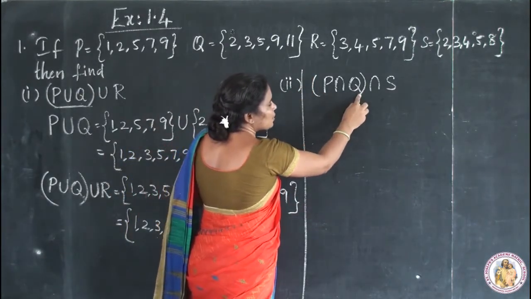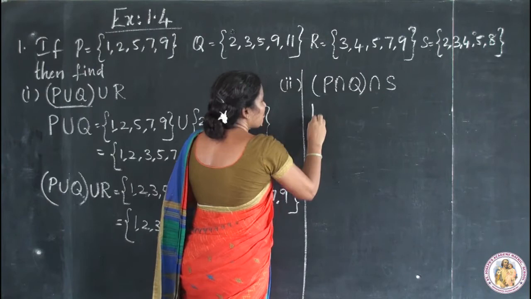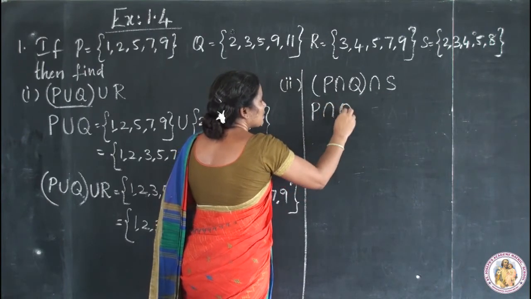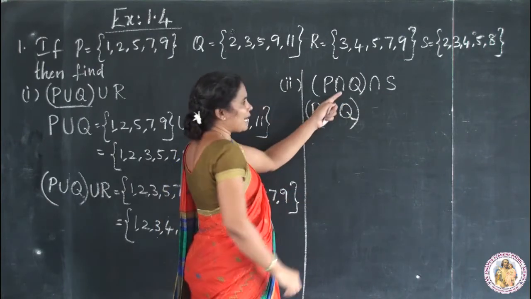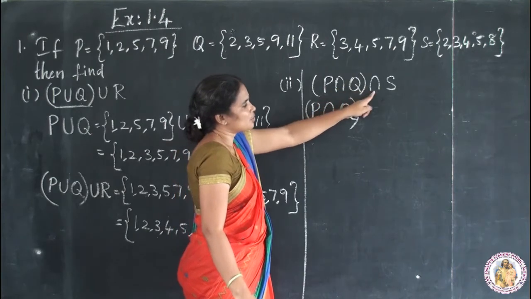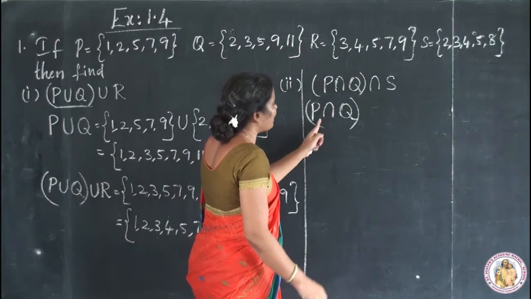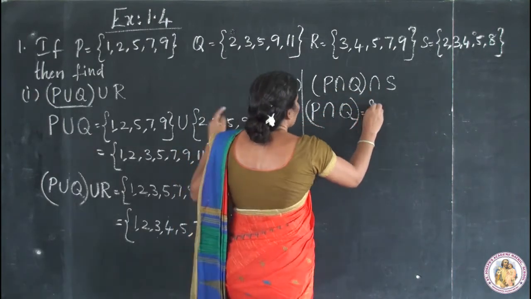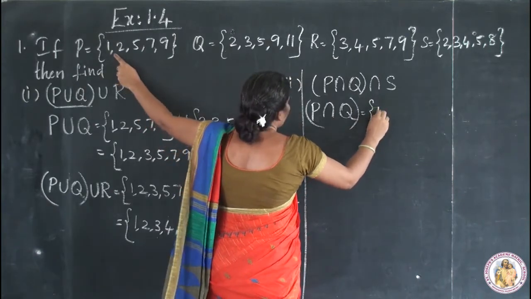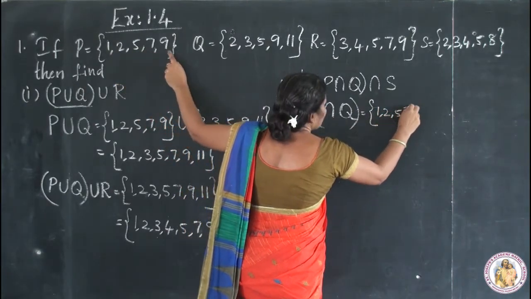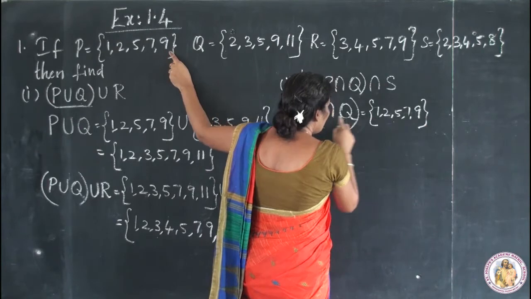P intersection Q intersection S. P intersection Q. As I told you earlier, go with the bracket first, then at last do intersection S. So P intersection Q. Write the elements of P, that is 1, 2, 5, 7, 9.